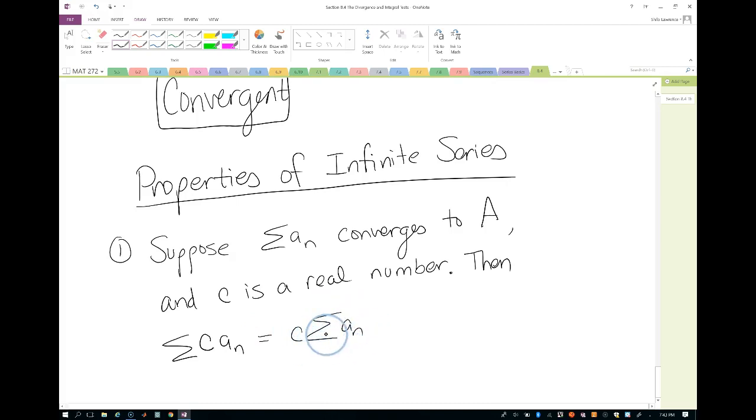We know that the sum of a sub n converges to a, and the c just gets carried along the same way it does when we do derivatives and antiderivatives. It's just a coefficient. It has no variables in it, so we just continue to use it as we go from step to step. So if our series of a sub n converges to a, then we really could multiply by anything we wanted to, and it would still be convergent, and we would multiply the sum by that same constant or coefficient.